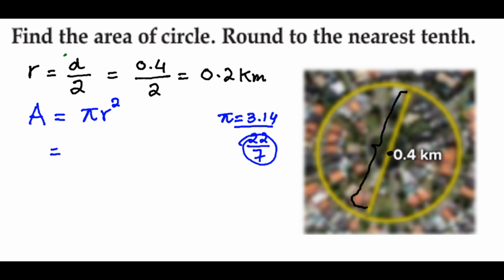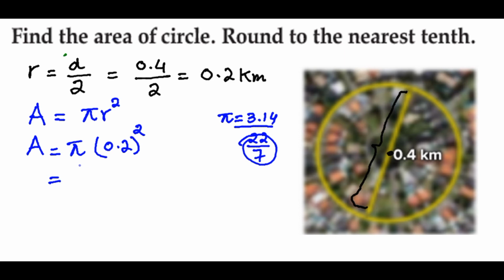We need to find the area. Next we substitute. A equals pi, which is 3.14, or just pi as I'm writing here, times 0.2, and then square it. Now you can use your calculator to find the answer.